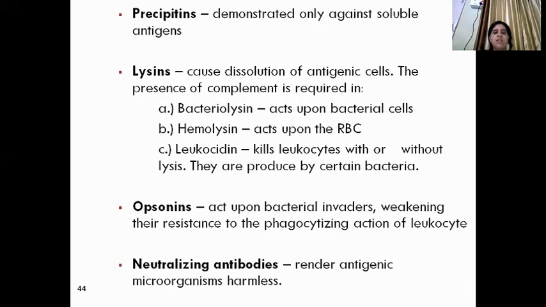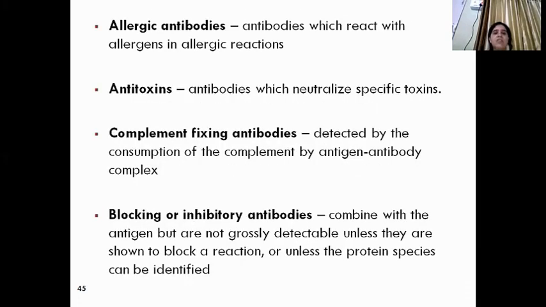Neutralizing antibodies render the antigenic microorganisms harmless. Allergic antibodies are the antibodies which react with the allergens in allergic reactions. Antitoxins are the antibodies which neutralize the specific toxins. The name itself suggests it. Complement fixing antibodies are detected by the consumption of complement. Now, these are all types of antigen antibody reactions which we'll be studying in the next lecture.